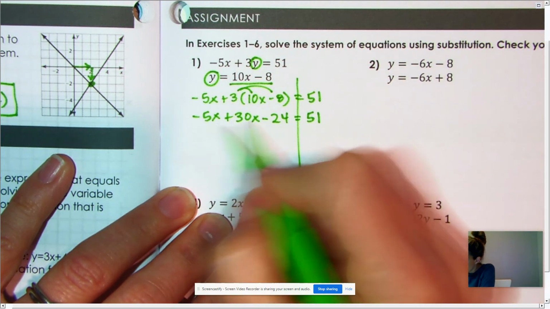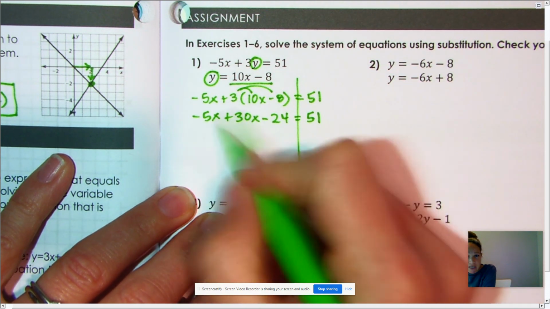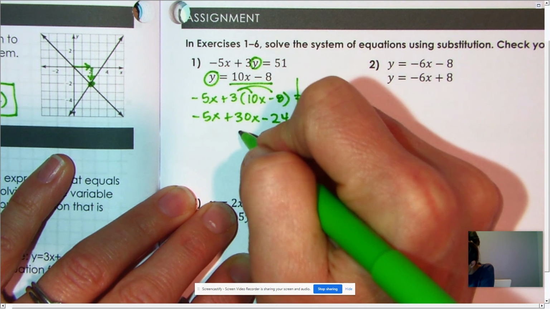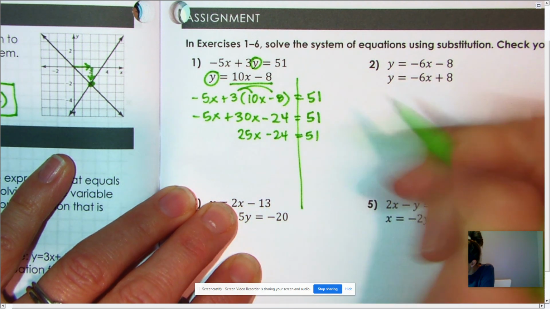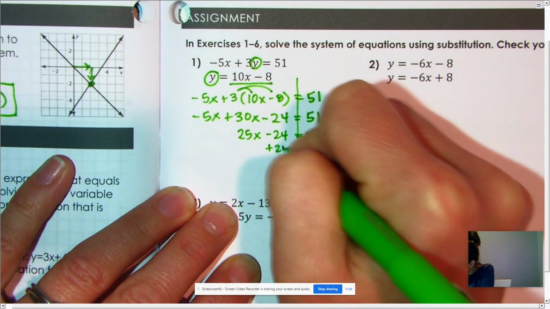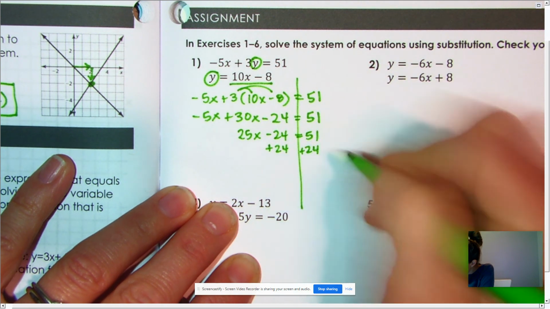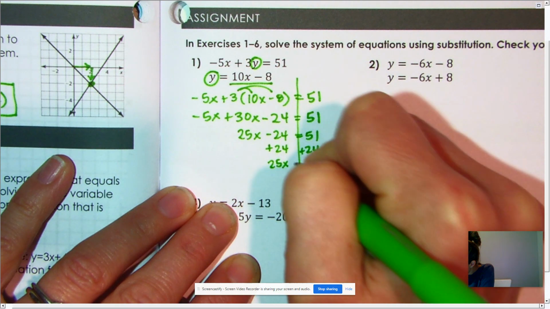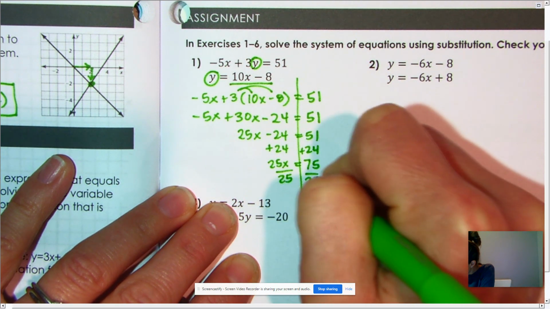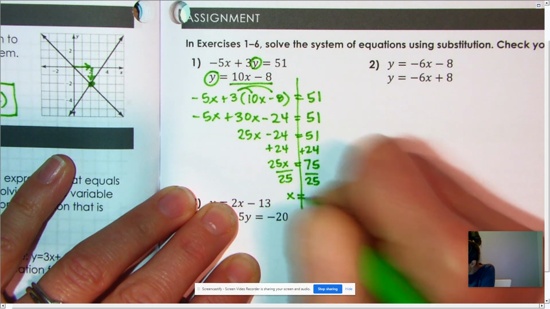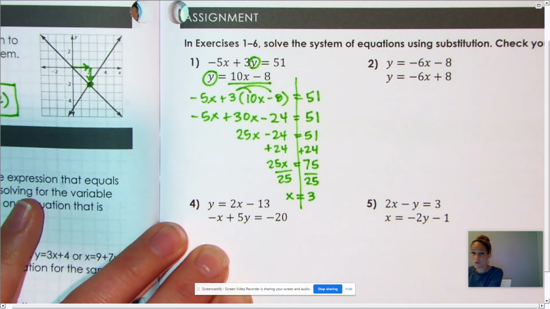Alrighty, you guys. 30x, take away 5x. I can just combine those because they're on the same side. So I have 25x, take away 24 equals 51. I'm going to add 24 to both sides. So I have 25x is equal to 75. Remember, our last step there is to divide by whatever stuck to x, and we get x equals 3.